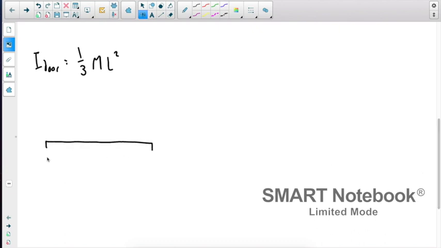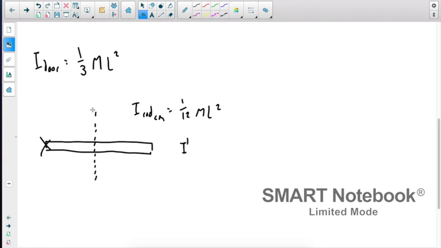So here is a rod about its center. We could get into a lot of interesting things here, but I don't want to review this. But the I of a rod, when its axis of rotation is about the center of mass, is 1/12 m L squared. So to find the I of the rod about the end, the new I value when I shift the axis of rotation over to the end, this is the parallel axis theorem: the I about the center of mass plus m d squared, where that d is how far over I have shifted the axis of rotation, which is L/2.